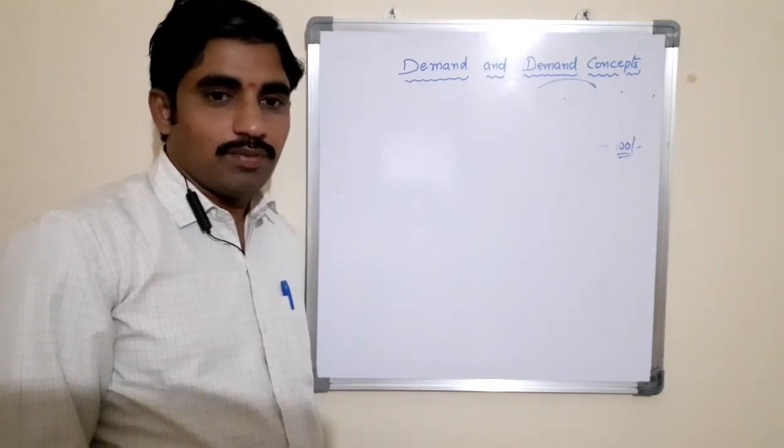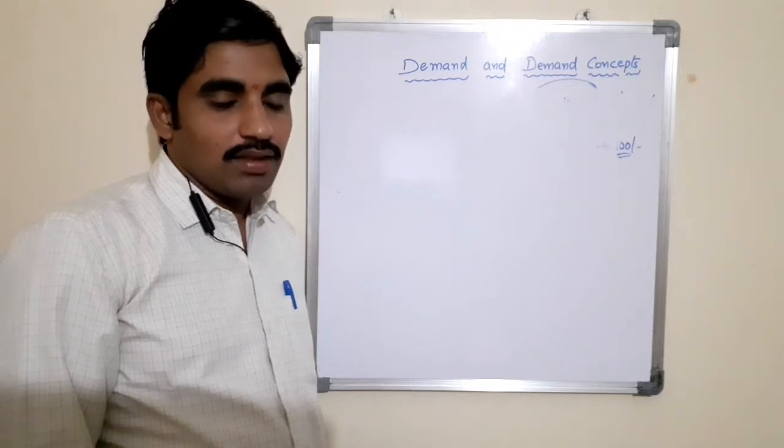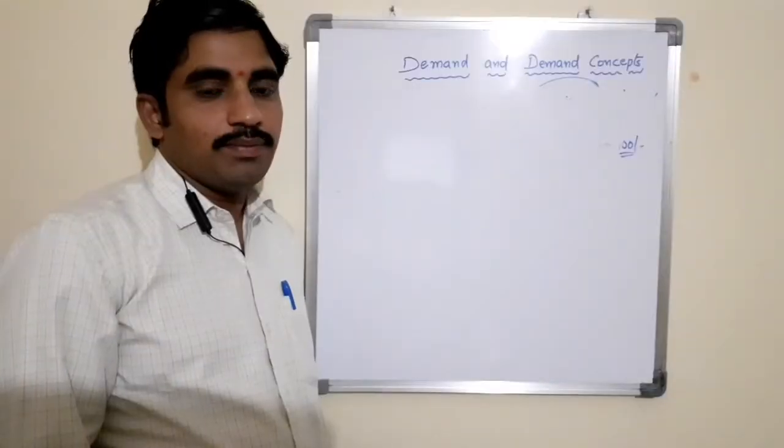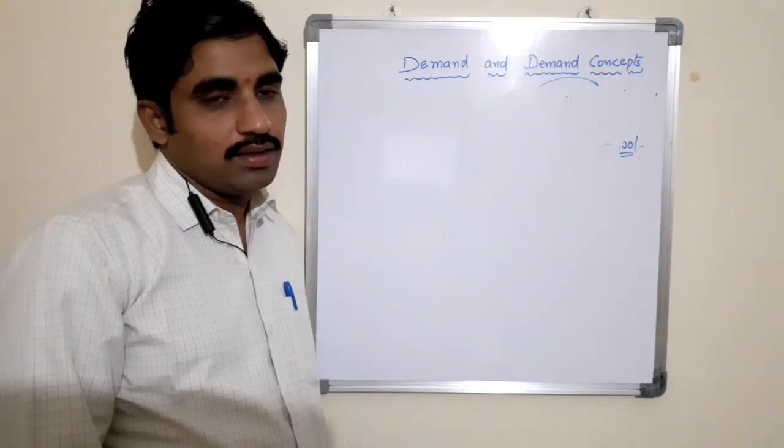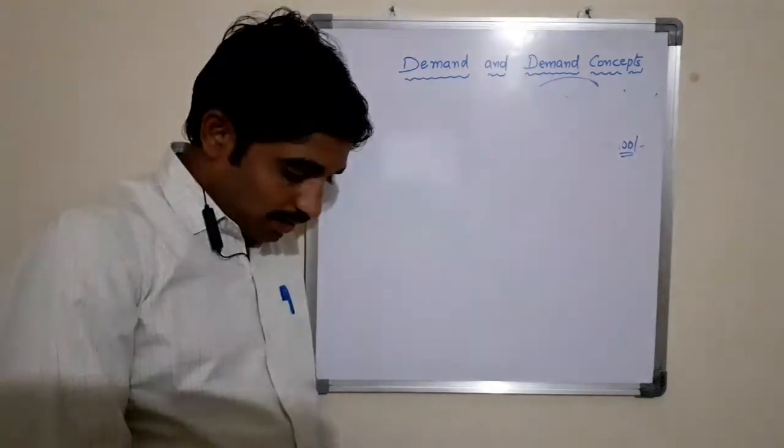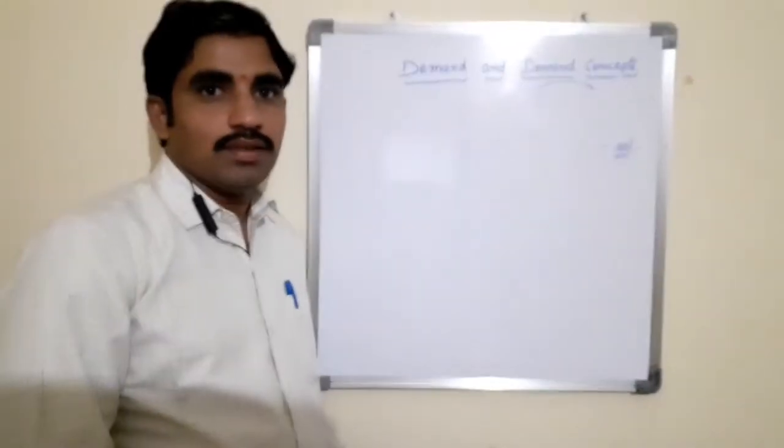So here the price is one of the most significant factors which directly influence the quantity demanded of a commodity. Now let us see how the demand can be understood by using the demand schedule and the curve. The demand schedule is a table which shows the quantity demanded of a good or service at different price levels.